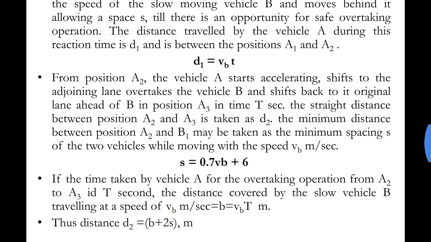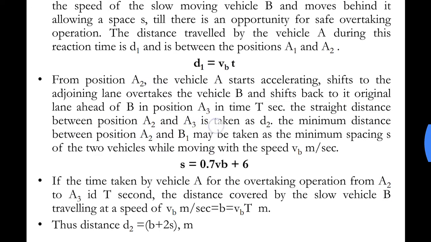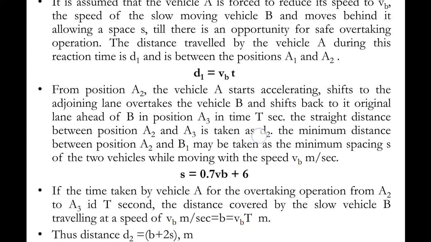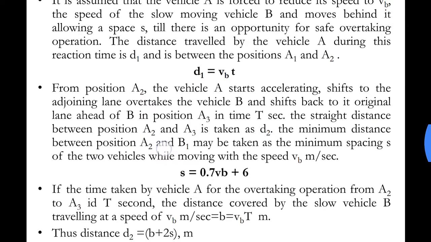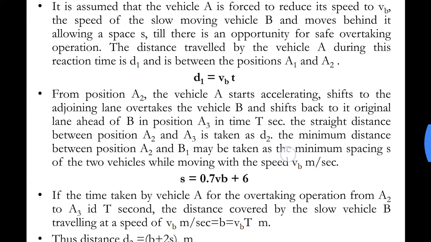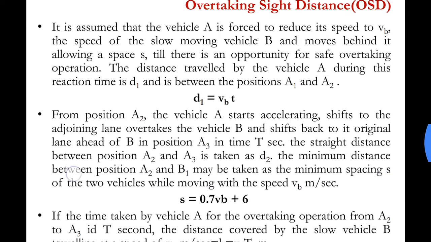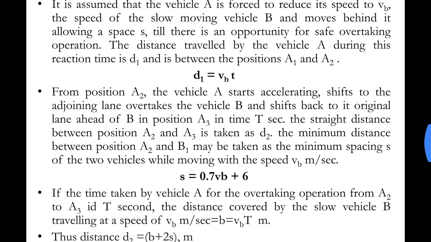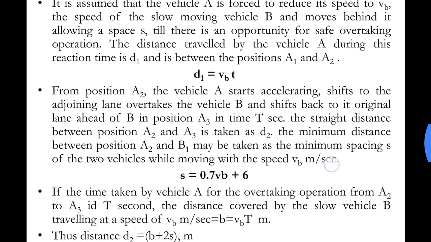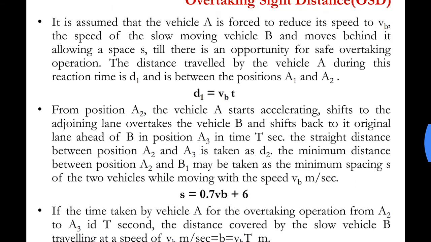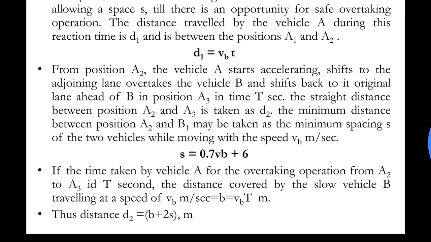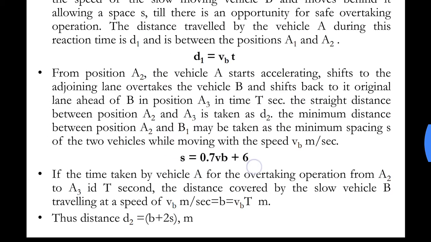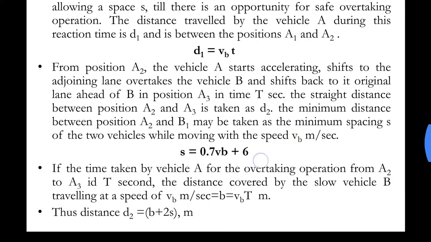The straight distance between A2 and A3 is taken as d2. The minimum distance between position A2 and B1 may be taken as the minimum spacing S of the two vehicles while moving with the speed Vb. Now this spacing S is given by an empirical formula: S is equal to 0.7 Vb plus 6.